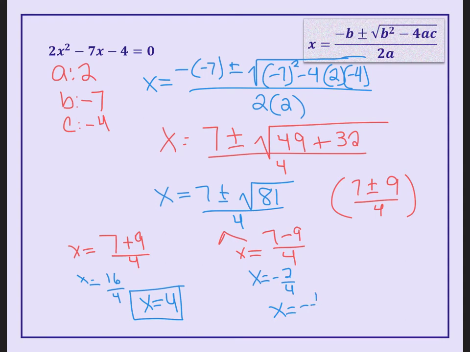X equals -1 over 2. So again, if you can take the square root of it, we're going to break it up into actually having to do both solutions, since we can't write this as a plus or minus for my solutions. I did the positive solution and I did a negative solution, meaning the negative version of the square root and the positive version of the square root.